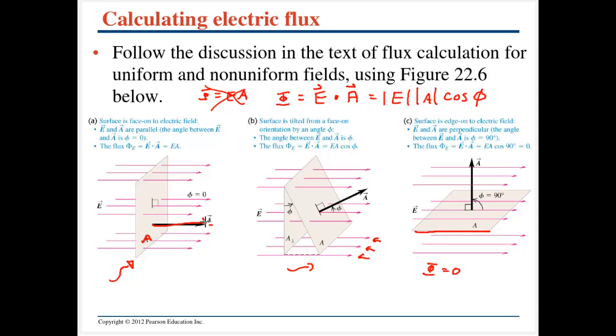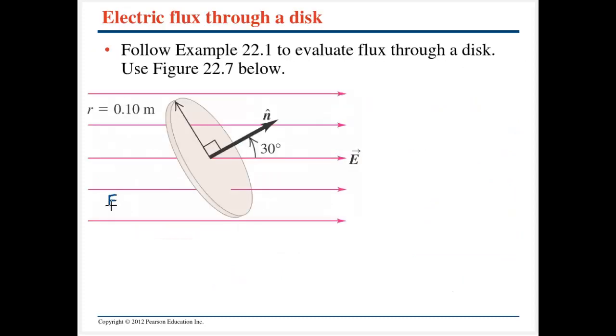That's what this little area A is right there. Occasionally you'll see the area vector written as the area multiplied by some n hat, which is just some normal vector to the surface. So you can see here, this cosine of phi accounts for there being less flux right here as opposed to the 90 degree case, where cosine of 90 is going to be 0.